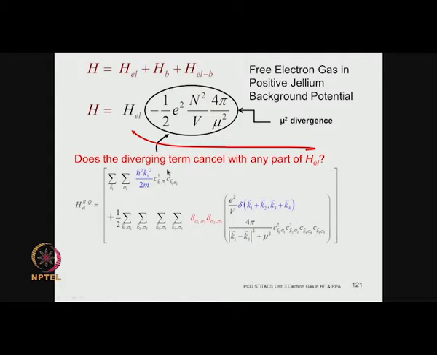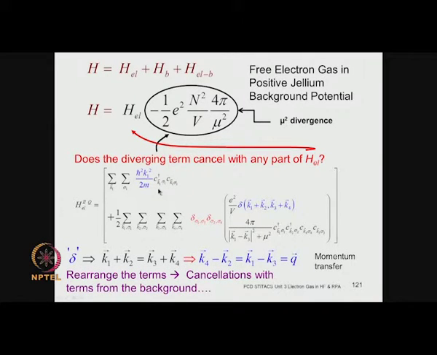So let us look at this particular expression here. What we have now done is we can write the electronic Hamiltonian in the second quantized form inclusive of the spin, and we are going to inquire, by rearranging the terms in the electronic part of the Hamiltonian, if there is any cancellation.